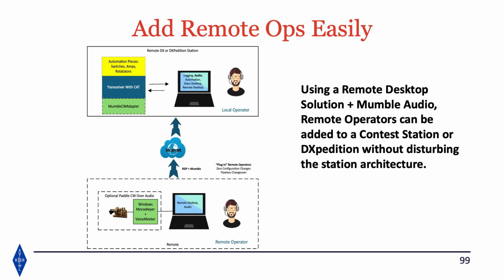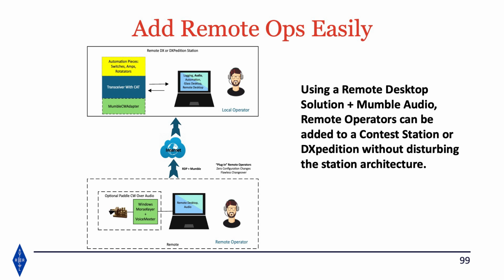The key to using Mumble, and what we did on all of George's DXpeditions that I was involved in: Mumble is a client-server architecture, which means that there's a server in the cloud somewhere. Well, my idea was to put a server anywhere in the world that's close to either the operator or the station, okay?